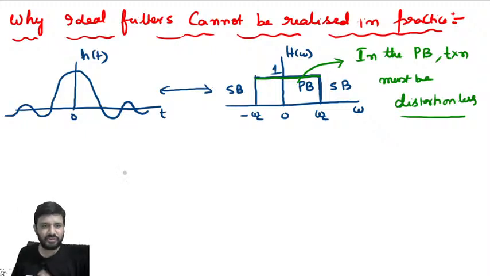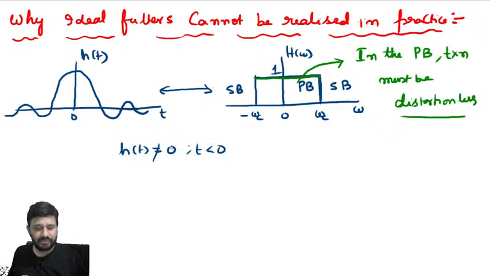Now if you observe this impulse response, is h of t equal to 0 for t less than 0? No, h of t is not equal to 0 for t less than 0. From your concept of LTI systems, if the impulse response is not equal to 0 for t less than 0, what name are you going to give?